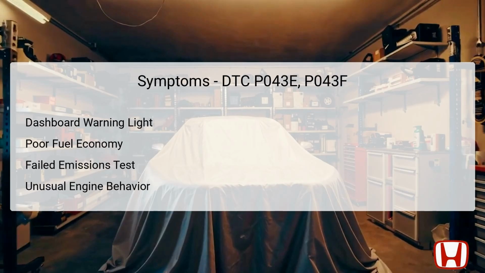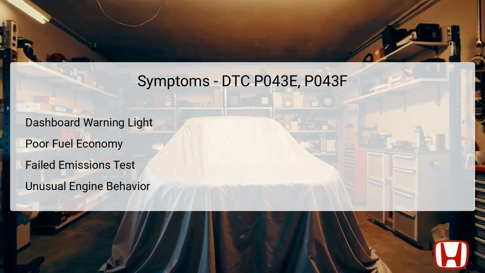Symptoms associated with DTCs P043E and P043F can manifest in various forms, affecting both the vehicle's performance and driver experience. One of the most immediate signs is the illumination of the dashboard warning light, which can be alarming for drivers. Poor fuel economy may also be a consequence, as the inefficiency in fuel vapor management can lead to excessive fuel use, impacting overall mileage.